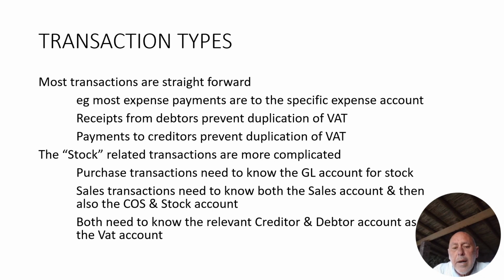You know, other transactions, like if you're receiving money from your debtors, you'll see that the VAT column is grayed out because you've already raised the VAT when you created the invoice. Now you don't want to raise the VAT again when they pay you. So there's certain basics. It's the same as when you pay your suppliers, your VAT will be grayed out to prevent the duplication of VAT because you raised the VAT when you created the supplier invoice.